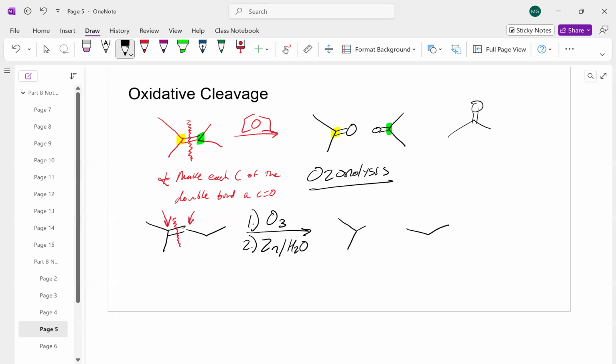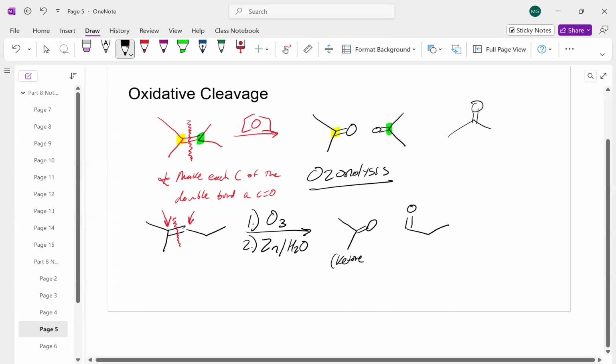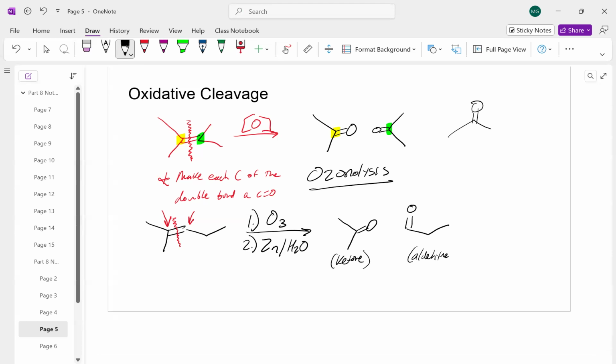This carbon gets a carbonyl, and this one gets a carbonyl. So in this instance, you'll see that I've made a ketone and an aldehyde. We can even draw on the hydrogen there just to emphasize that's an aldehyde.